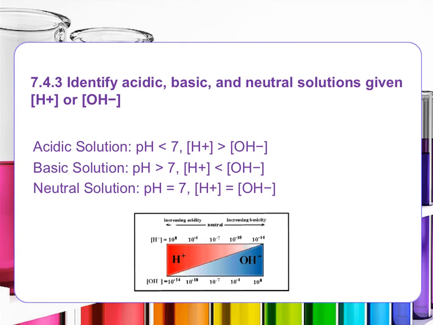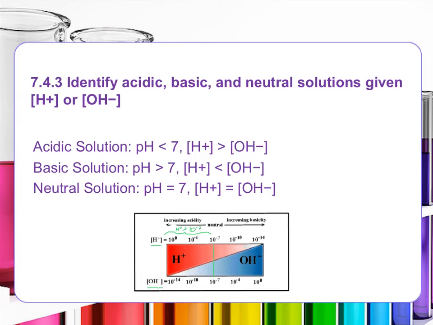Well, I started talking about that on the last page. So in a neutral solution, you can see that the concentration of H plus and the concentration of OH minus is the same. They're both 10 to the minus 7. But on the left, we've got a greater concentration of hydrogen ions, and that means that H plus is going to be greater than 10 to the minus 7.